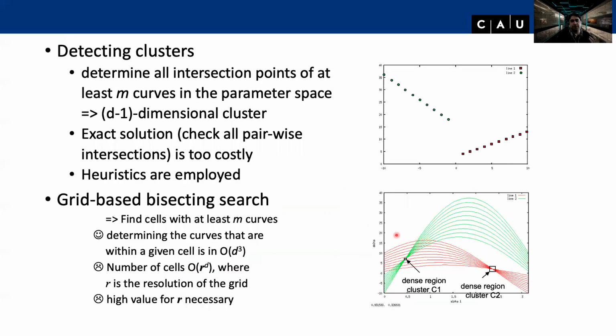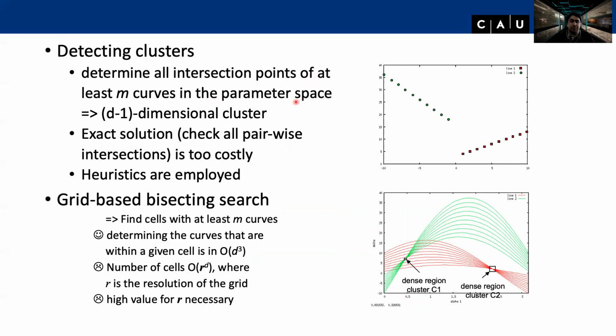So how are we actually going to detect clusters? Now we said, what is this duality? What is the relationship between data space and parameter or Hough space? But how do we find these dense regions or these intersecting regions? Well, one goal is to determine all intersection points of at least m curves in parameter space.